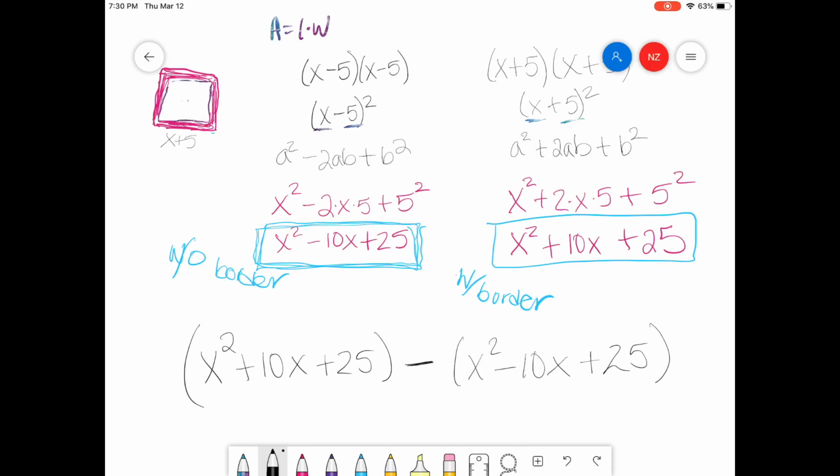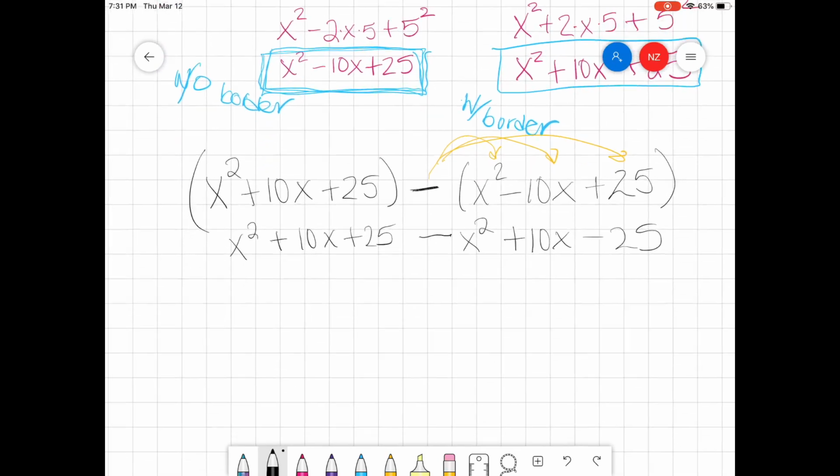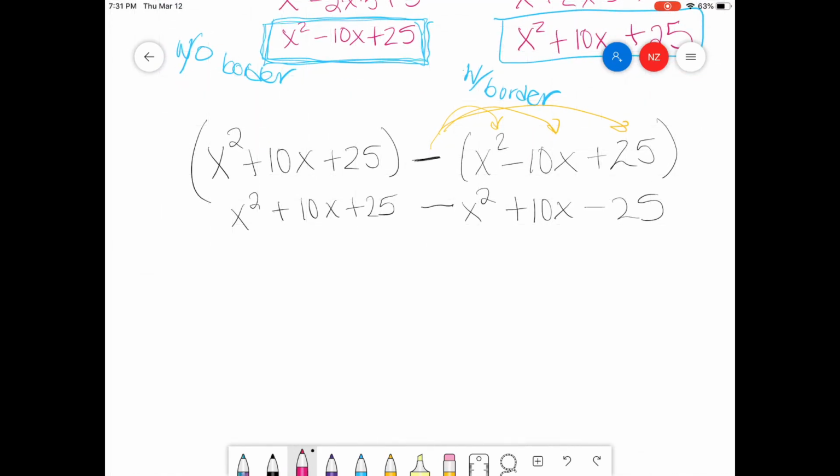So if you remember a few weeks ago how to subtract polynomials, you're going to distribute this negative sign to everything over here. Then we have a new problem: x squared plus 10x plus 25, then minus x squared plus 10x and minus 25. Then I can go ahead and combine like terms to simplify this problem. So if I combine like terms, I know I have x squared minus x squared.